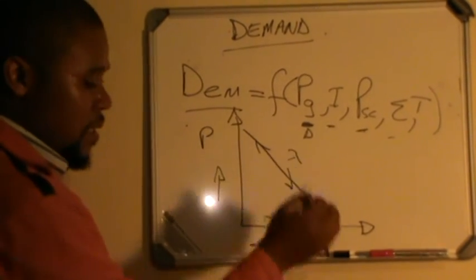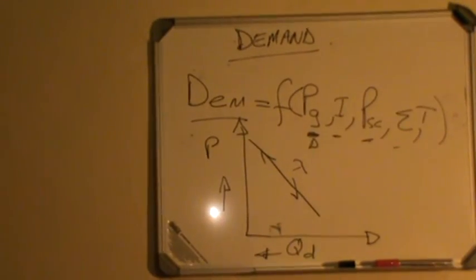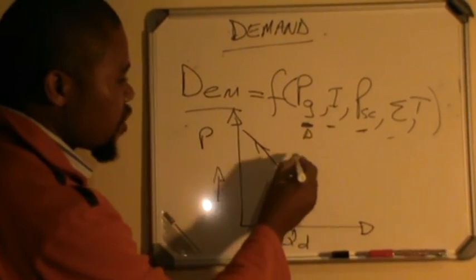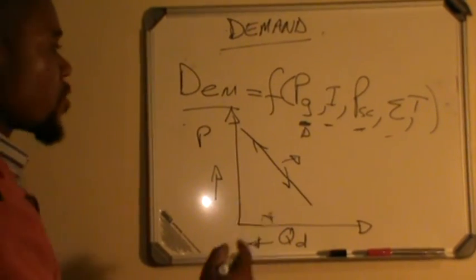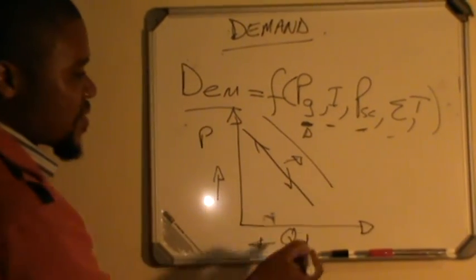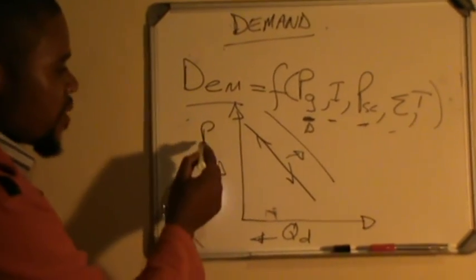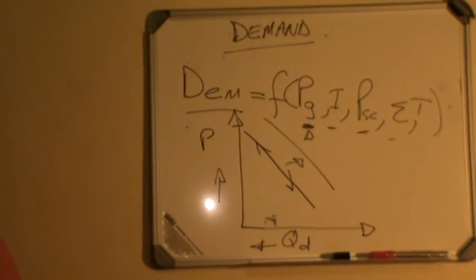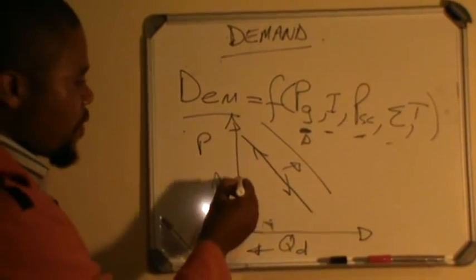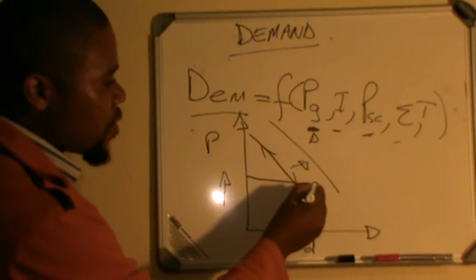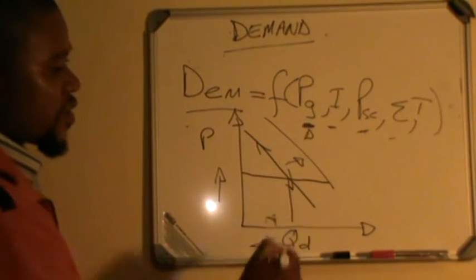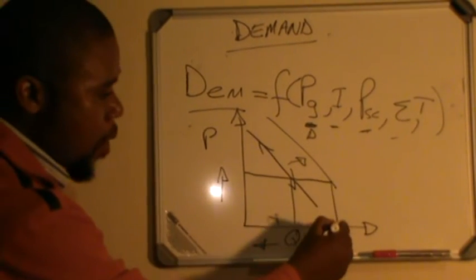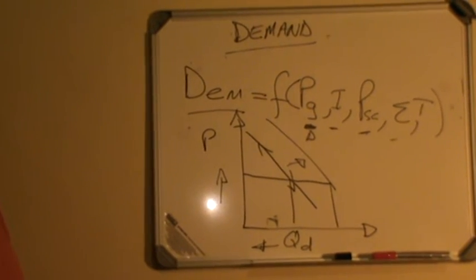That would mean that our demand function is going to shift outward. It's going to increase. So the relationship between the price and the quantity, the relationship itself, is going to be bigger. So for instance, while at a particular price so much quantity was being demanded, at the same price more quantity is going to be demanded.